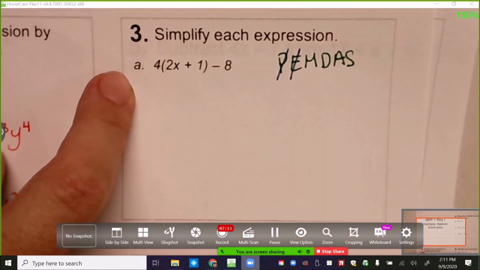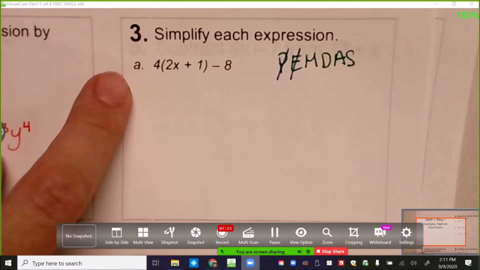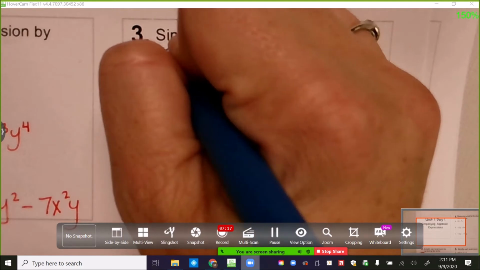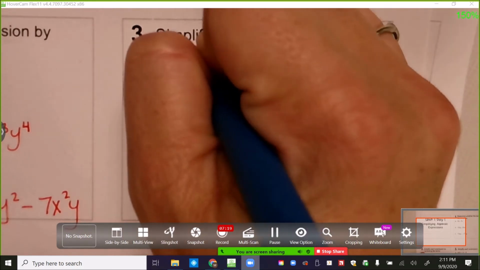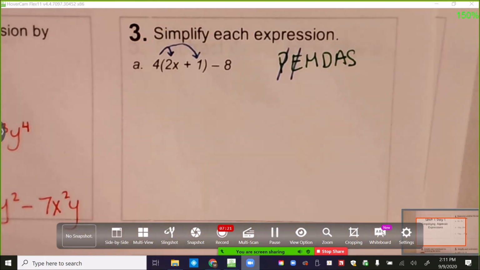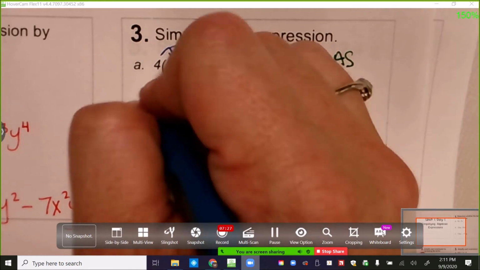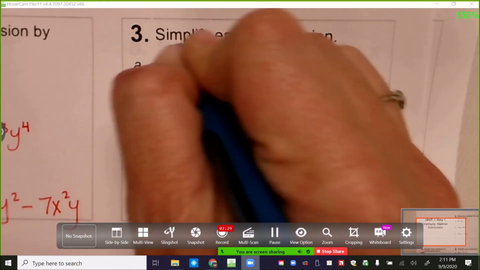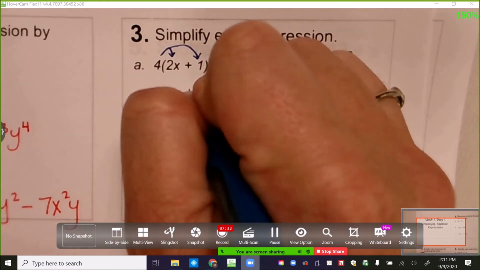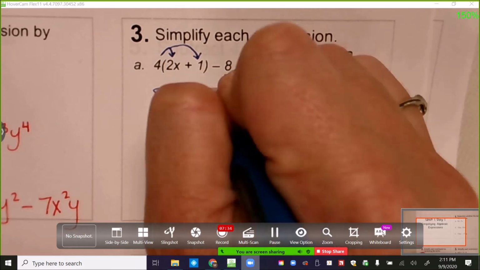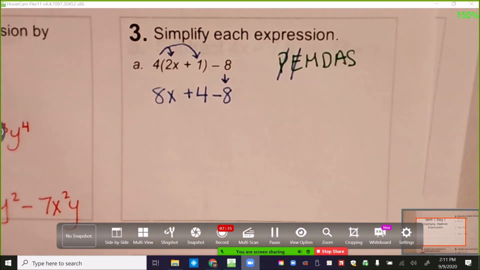Now, multiply. You're going to distribute. Okay? You're going to distribute to everything inside the parentheses. So will you distribute it to this negative 8? No, because it is not inside the parentheses. So 4 times 2x is what? And 4 times 1 is? Then I'm going to bring down my minus 8. Now what can I combine?